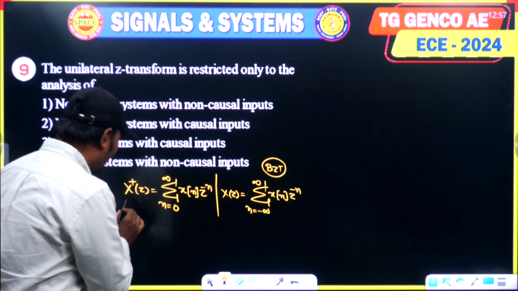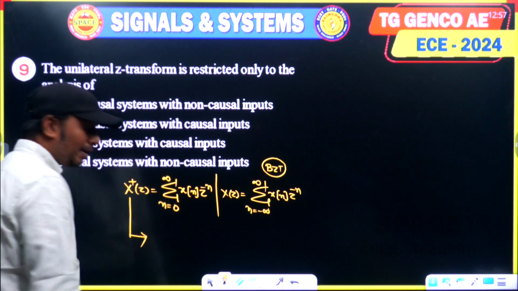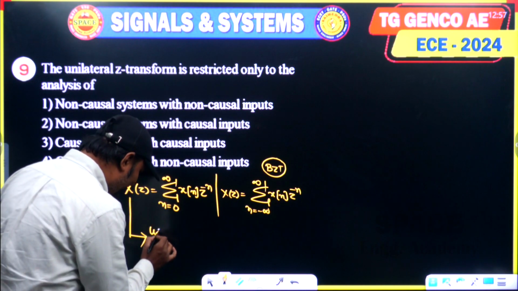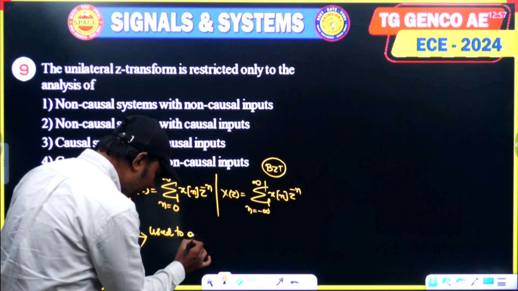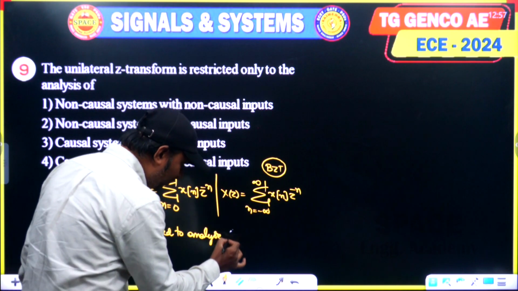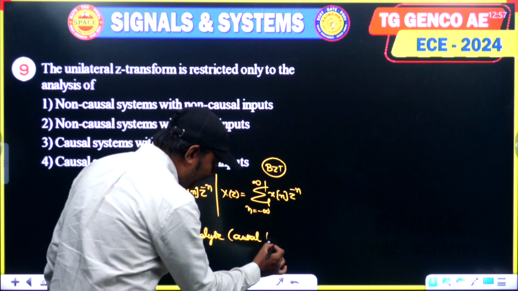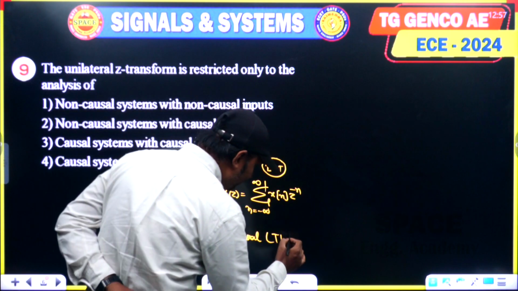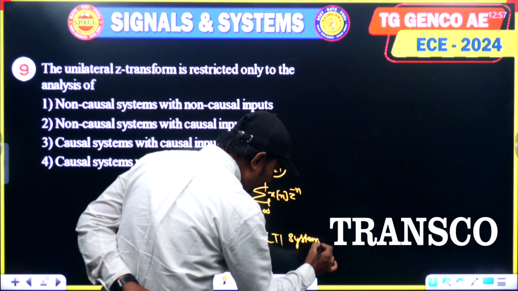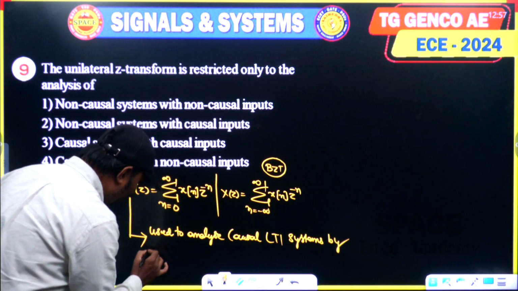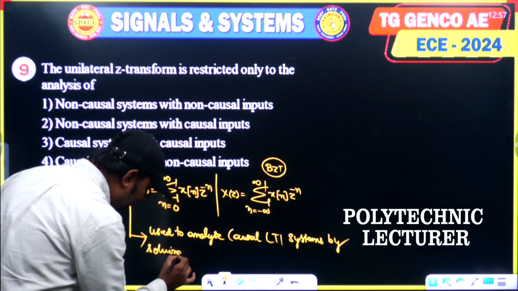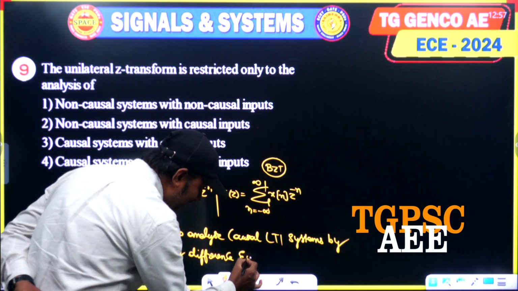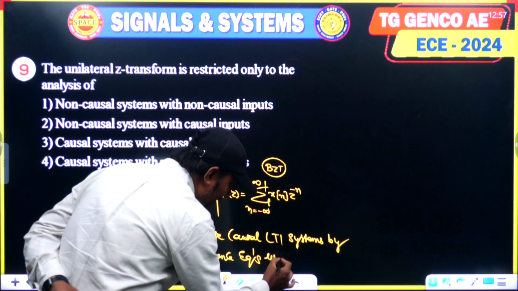And remember the purpose of the unilateral Z transform. What is the purpose? The unilateral Z transform is used to analyze causal LTI systems by solving difference equations with non-zero initial conditions.